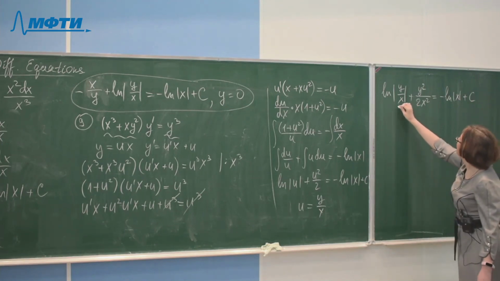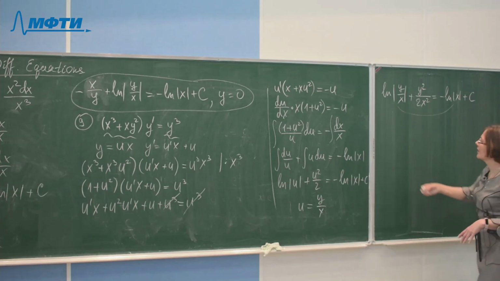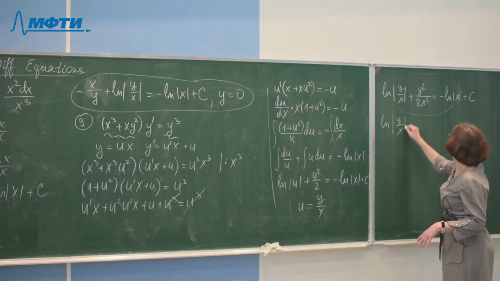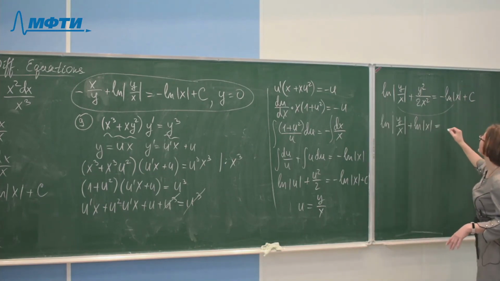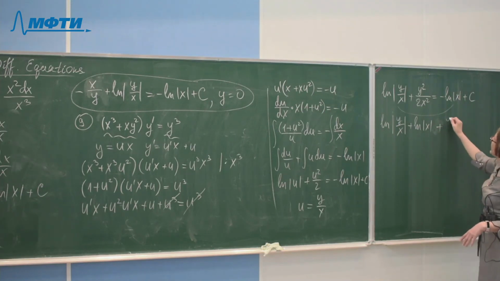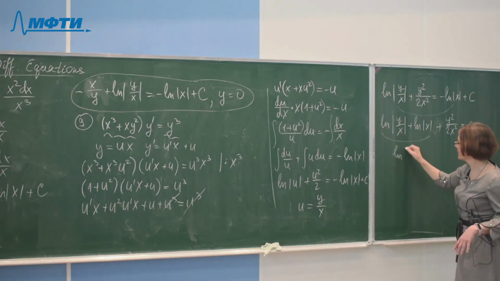Okay, so if we join these two logarithms, we will get the following: the logarithm of y over x plus ln the absolute value of x plus y squared over 2x squared equals c, and then it is equal to the logarithm of y.